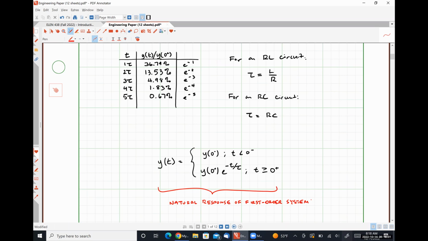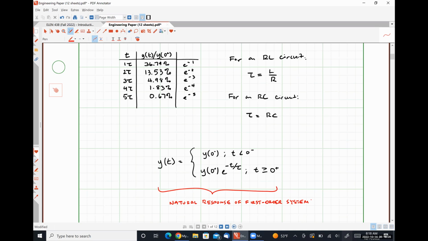So what we are going to start talking about now is what's called the total response of a system, okay? So in all the examples that we have worked to this point, our circuits have operated in such a way that the switch effectively removed the excitation source from the system. So we're going to talk about what happens the opposite way around.